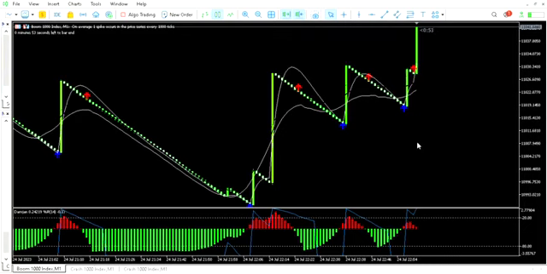Here you see there's Crash 500, Crash 1000, Boom 500, Boom 1000, Boom 5000. These are the simplest ones to trade.